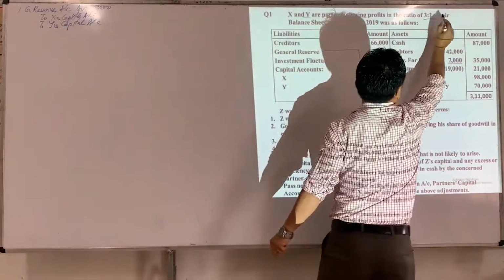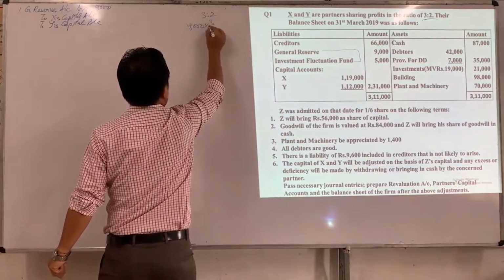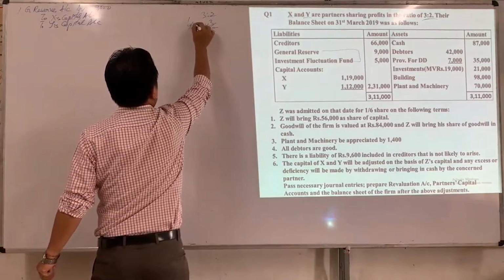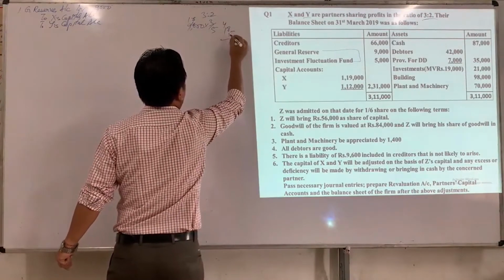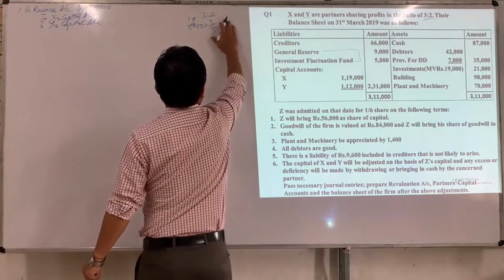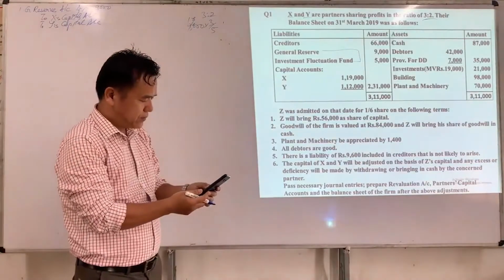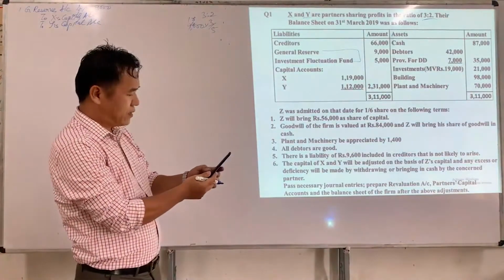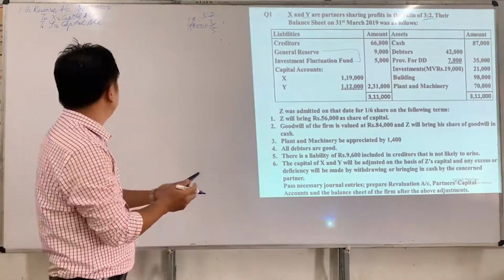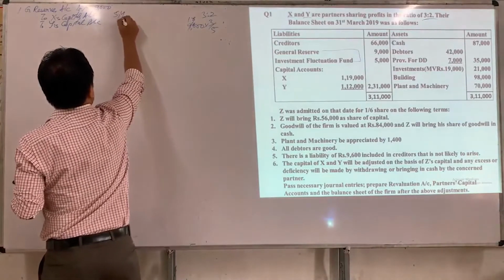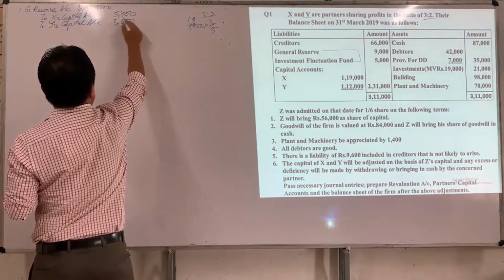Yes, 3:2 is the old ratio. 9,000 multiplied by 3 divided by 5, how much? Okay, 5,400. X will get 5,400 and Y will get how much? 3,600.